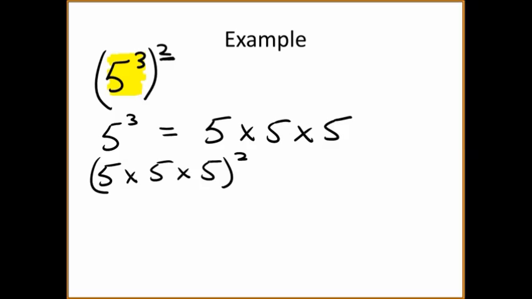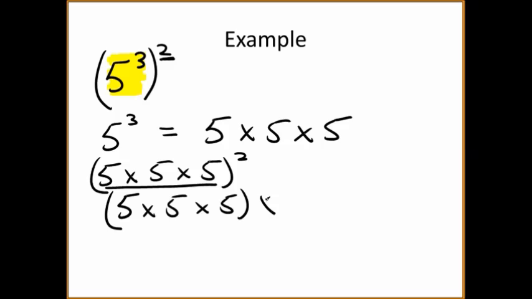So now when we rewrite our expression, we have 5 multiplied by 5 multiplied by 5 all to be squared. Rewriting this, we will get the expression inside the brackets multiplied by itself. So it's 5 multiplied by 5 multiplied by 5 multiplied by 5 multiplied by 5 multiplied by 5.